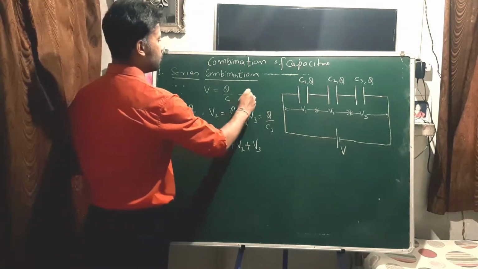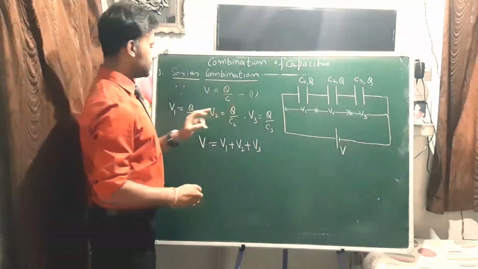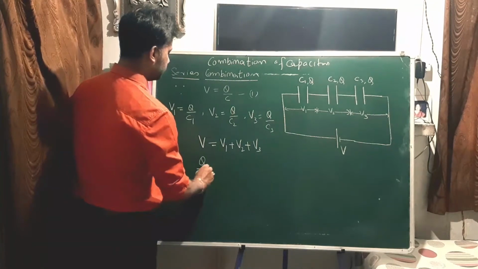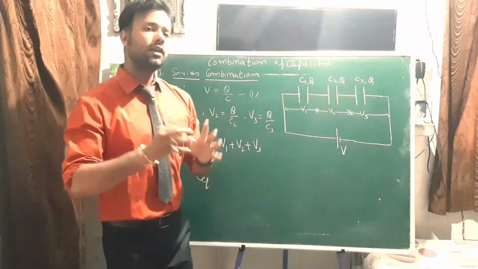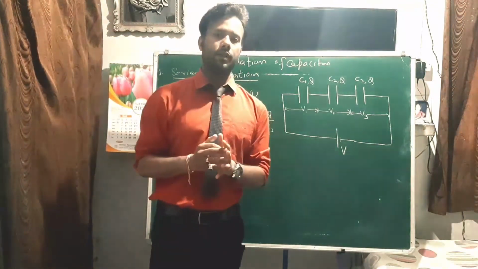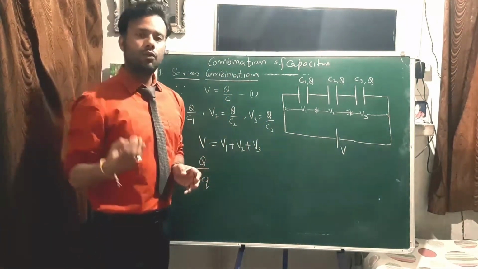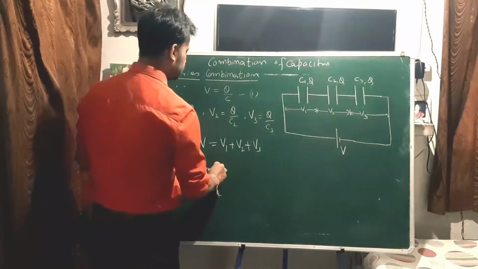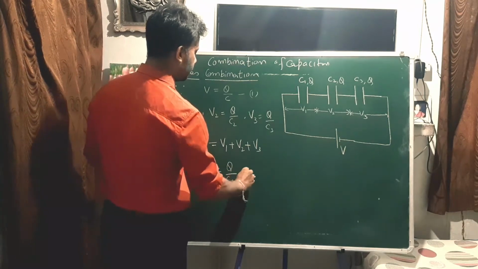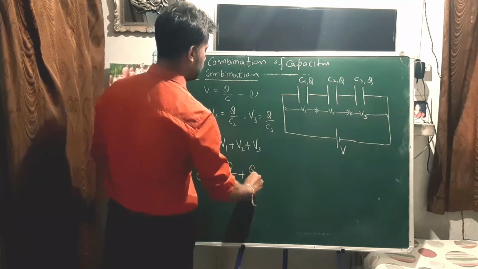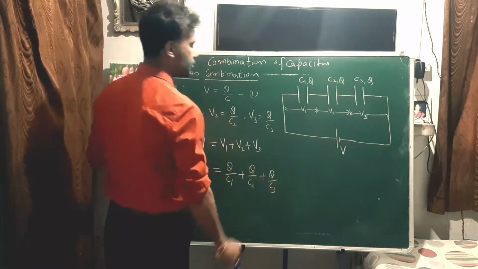Now, from equation number 1, V is equal to Q upon C, and basically this is C equivalent, the total combination of the capacitance, which is called the equivalent capacitance. V1 is Q upon C1, plus V2 is Q upon C2, plus V3 is Q upon C3.